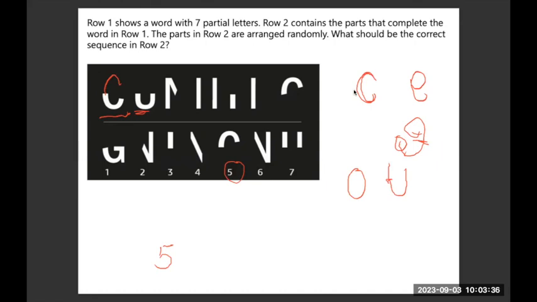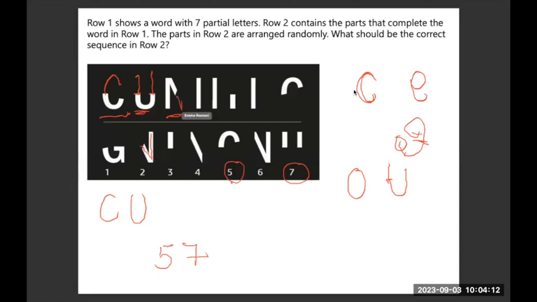It's a word, so let me see which of these come together. Since 5 I've already taken here and both these are at one level, I'll say 7, because it will be coming like this, the two lines. So C comes with C, then U. The next part, which is this letter, can be an N also, because I see this part here. Do you see this part here?